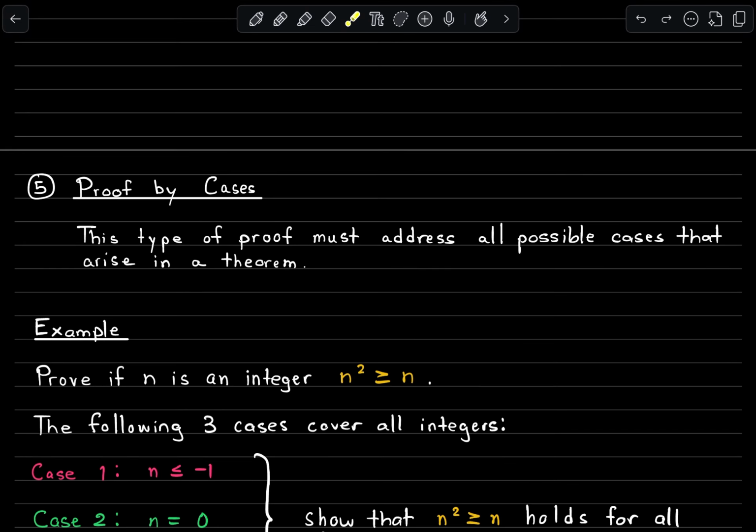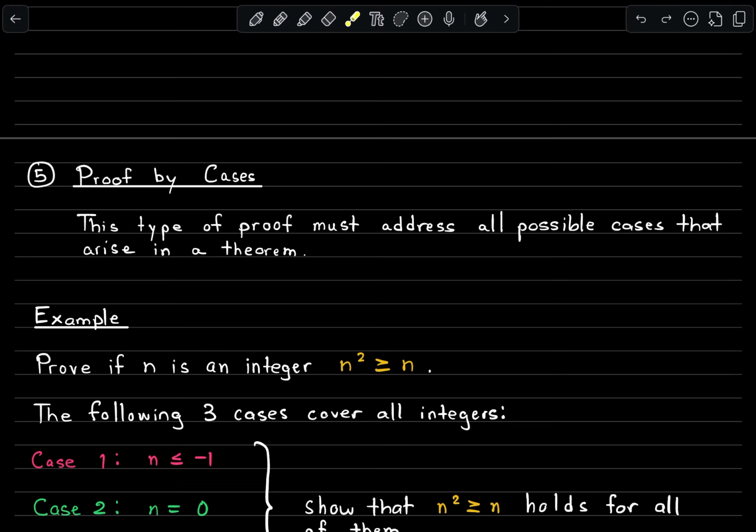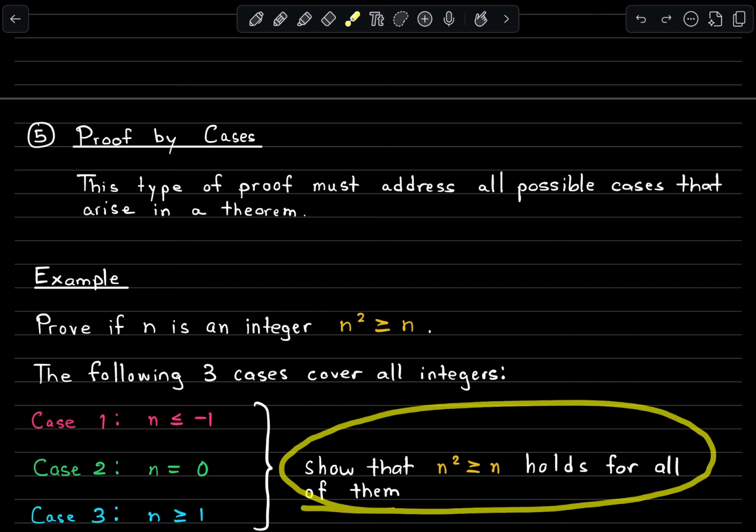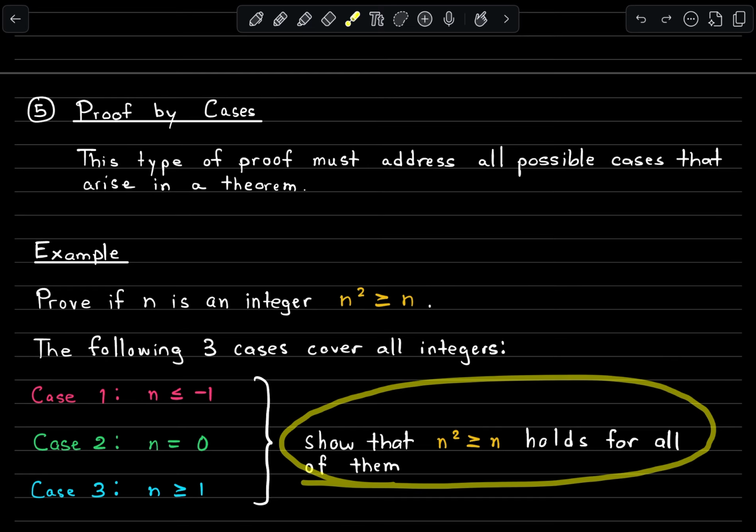Case 2: n is equal to 0. That's also an integer. Case 3 is that n is greater than or equal to 1, a positive integer. We have to show that this holds for each of these three cases. Otherwise, we're not covering all integers. We're covering 0, positives, and negatives, so we need to show that it holds for all of them.